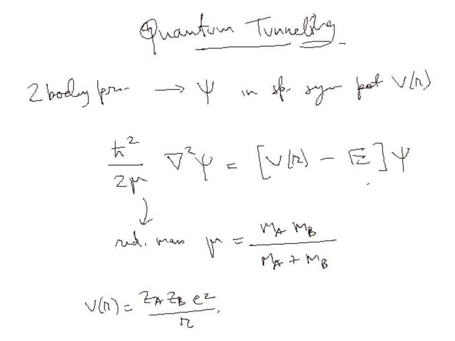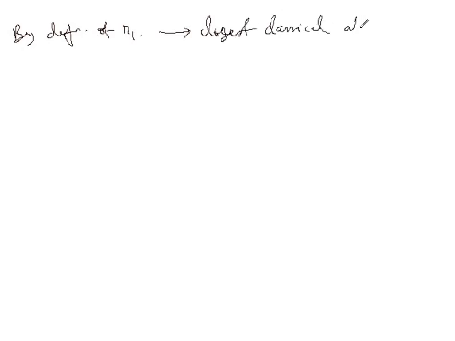Now let us obtain an order of magnitude solution to this Schrodinger equation. By our definition of R1, which is basically the radius of the closest classical approach, we have V of R1 equal to E, right?